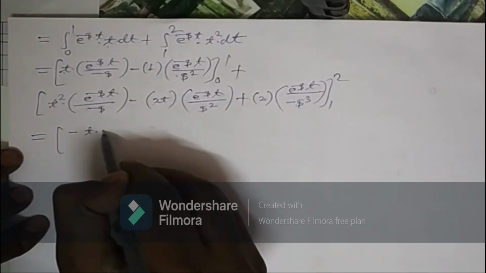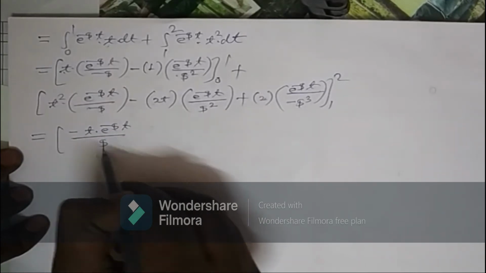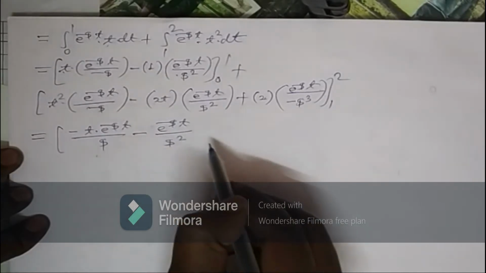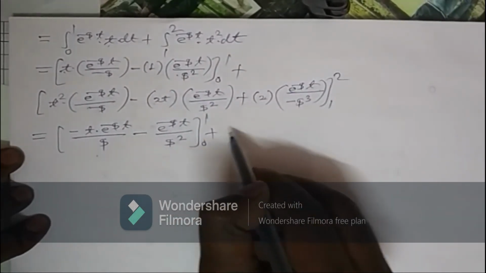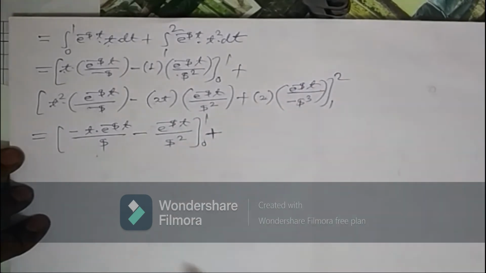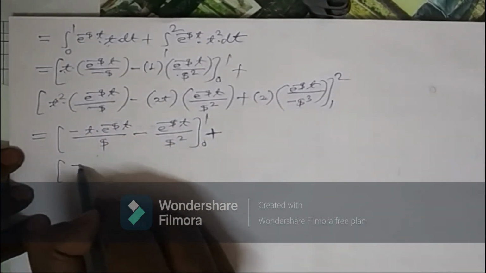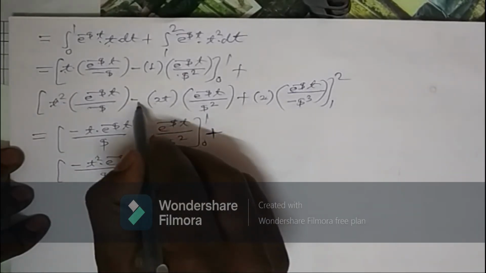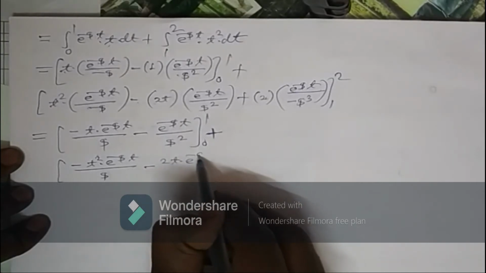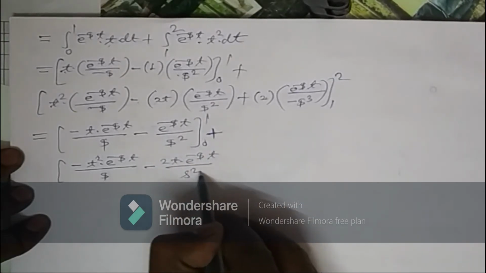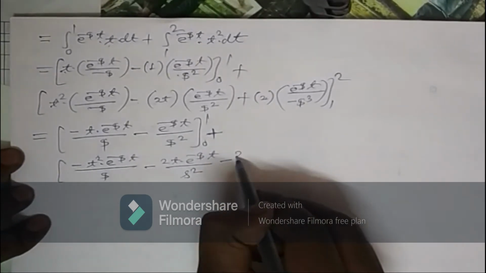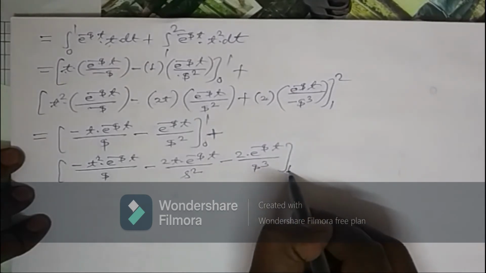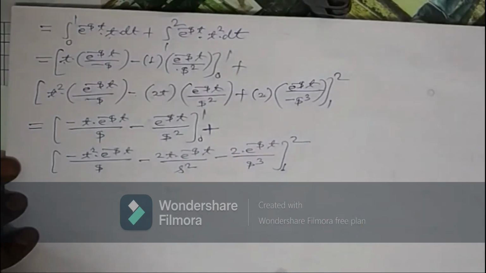So this minus t e raised to minus st upon s, minus e raised to minus st upon s square, limit from 0 to 1, plus minus t square e raised to minus st upon s, minus 2t e raised to minus st upon s square, minus minus 2 e raised to minus st upon s cube, limit from 1 to 2, right?